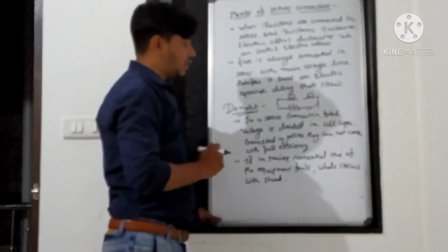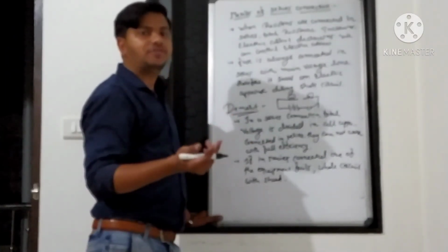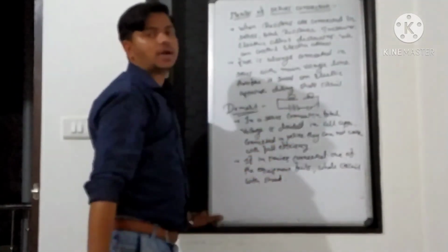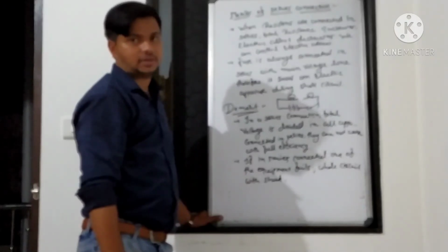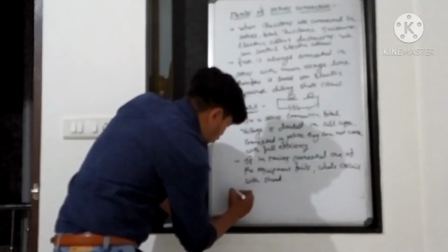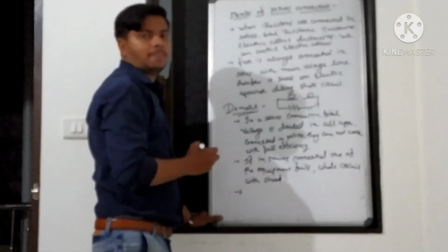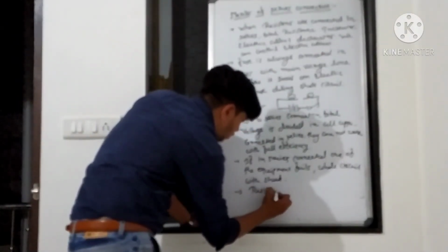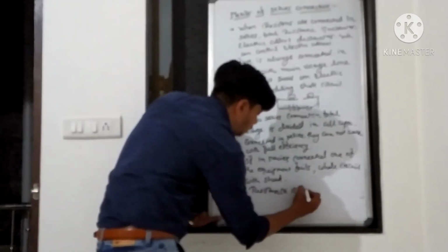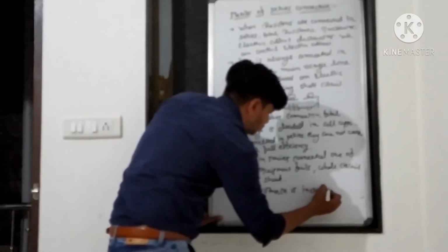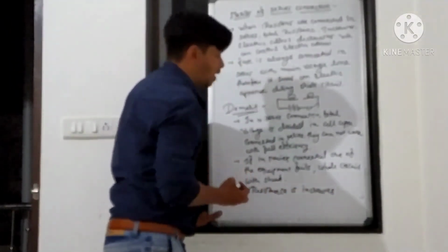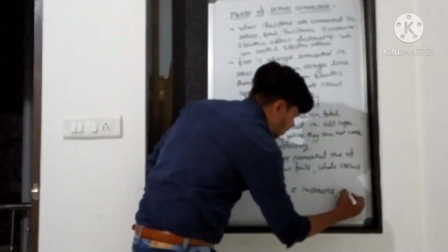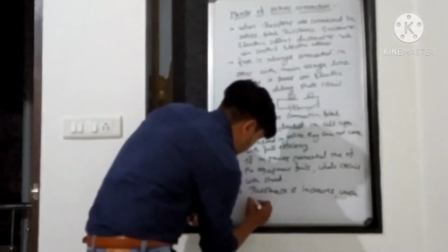Understand? But in a parallel connection, generally, if one of them is fused, after that the others will work. But here, not a single bulb will work. Right? And the last one is that the resistance increases, and the waste of energy increases.